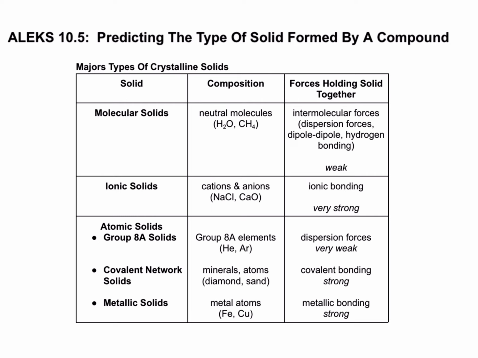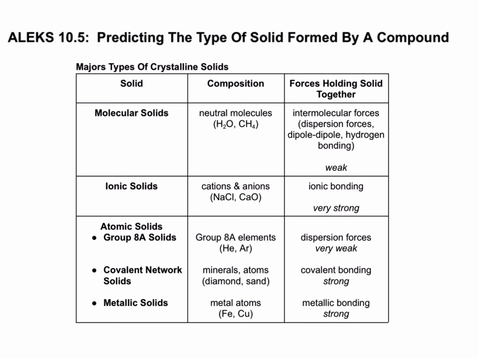The third type of solid is called atomic solids, and atomic solids have three subcategories. The first one is called group 8A solids, and these solids are made up of group 8A elements, like helium and argon. These solids are held together by dispersion forces, and they are considered to be very weak forces.